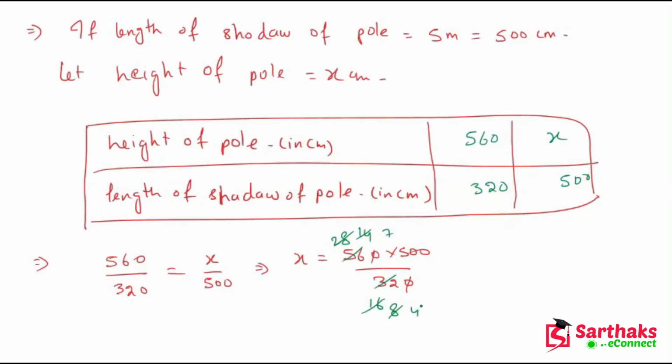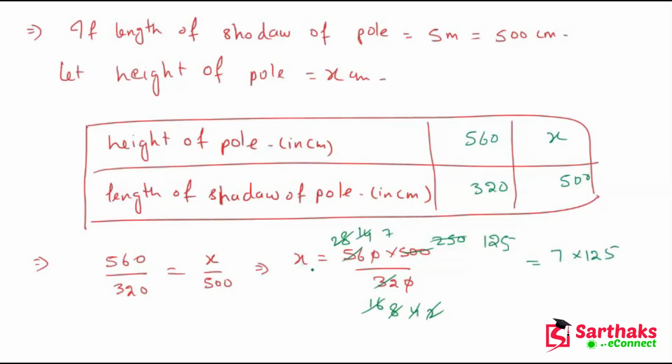Now again we can divide it by 2. Here we get 250. Again we can divide 250 by 2, we get 125 times. So we get 7 into 125.